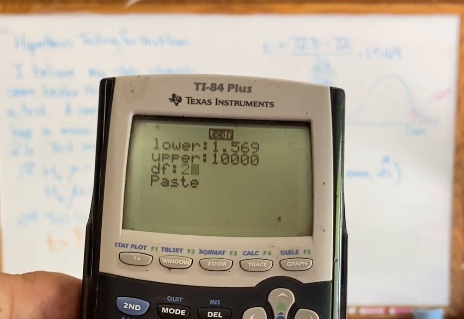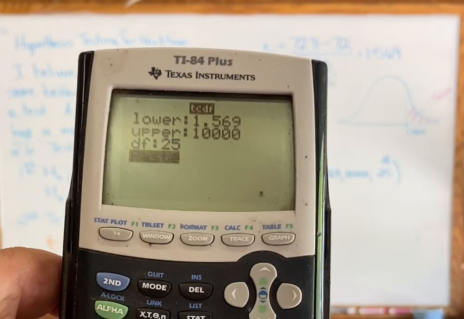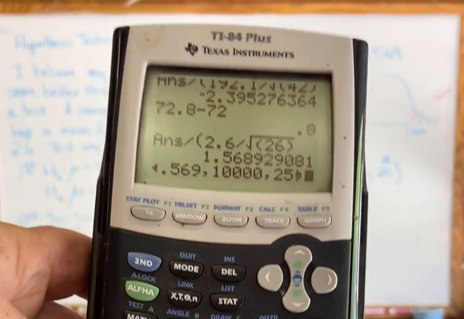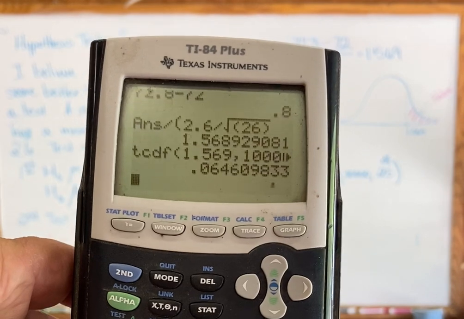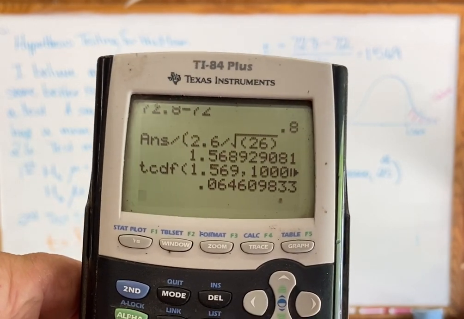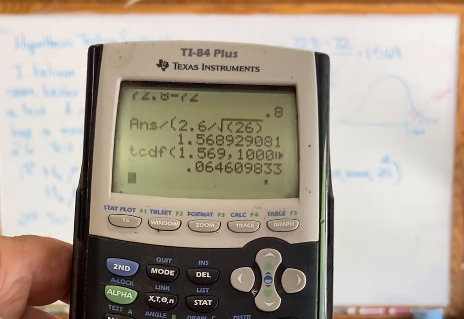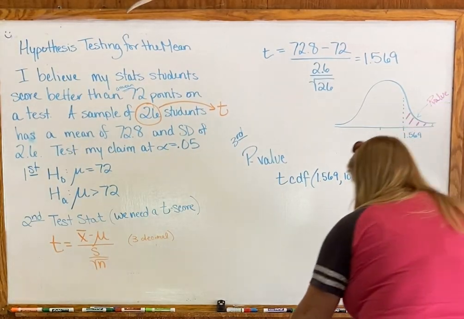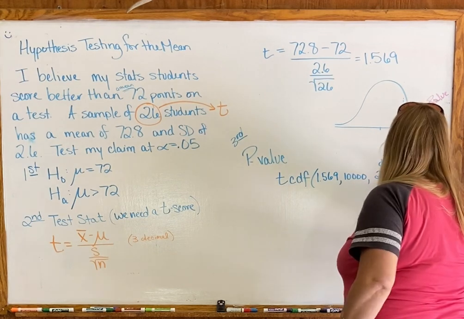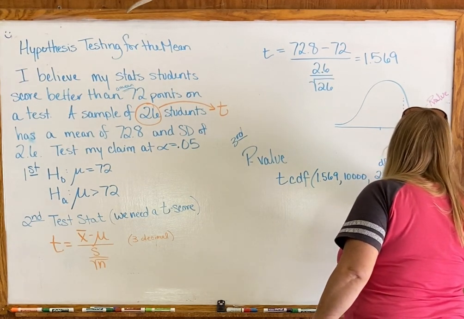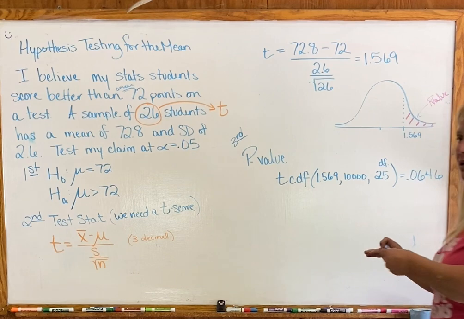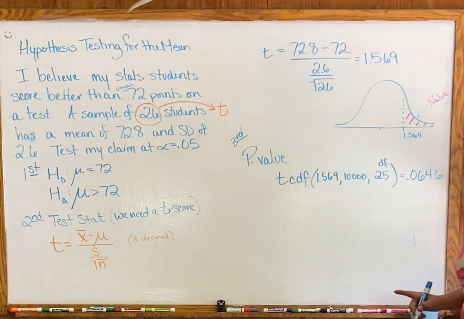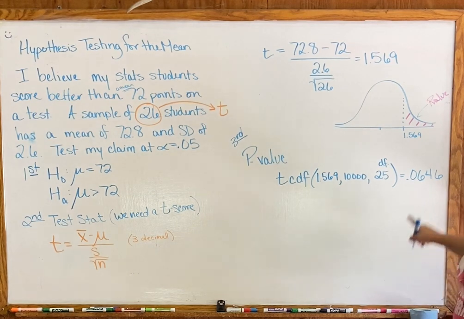Degree of freedom is 25. Paste. And there you see that it is typed in there just the way I have up on the board. And click enter. And that gives us 0.0646. So 0.0646 using the t-CDF rather than the normal CDF.